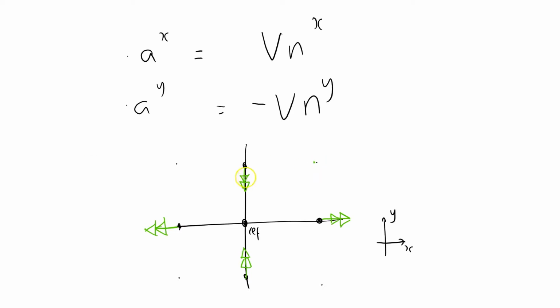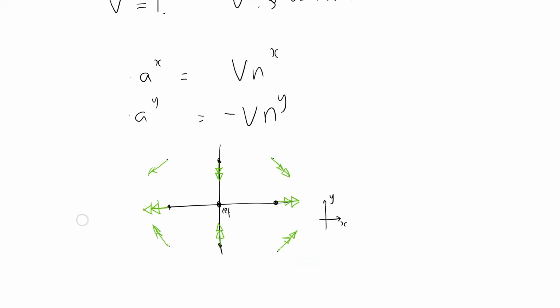The acceleration at this point is going to be in that direction, and this one in that direction, because it's a superposition or vector addition of those two. This one goes in that direction, and this one in that direction. That's quite nice, isn't it? So we've got this nice little picture of how the local accelerations work close to my reference particle.